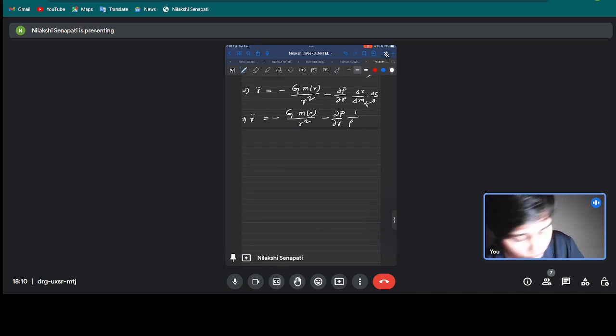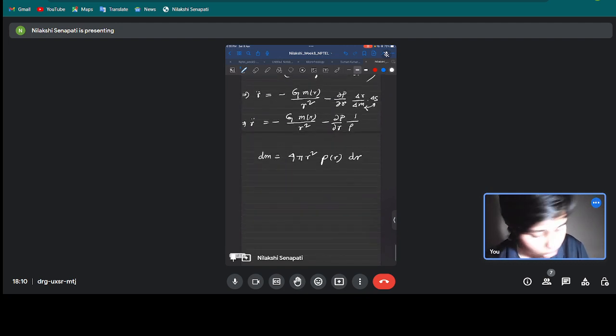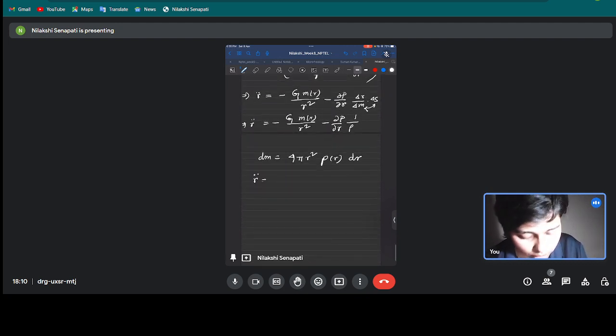So we know now that dm is equal to 4 pi r square rho dr, that I have already written previously also. So if you substitute that and write it in terms of 1 by rho dr, then you will get dm by 4 pi r square.